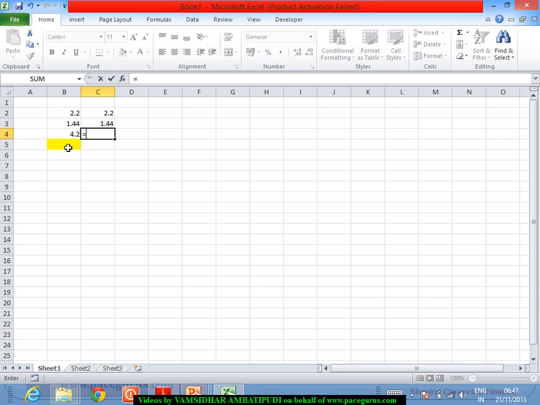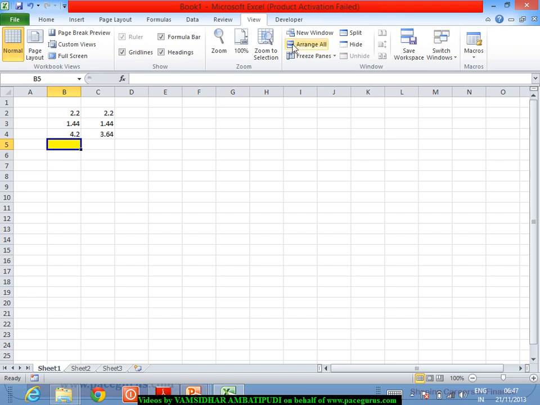These two put together should be equal to 4.2, but right now the summation of these two is only 3.64. So what I can do is set this value to 4.2 by changing this value. For that, I can depend on a feature called goal seek in Excel.